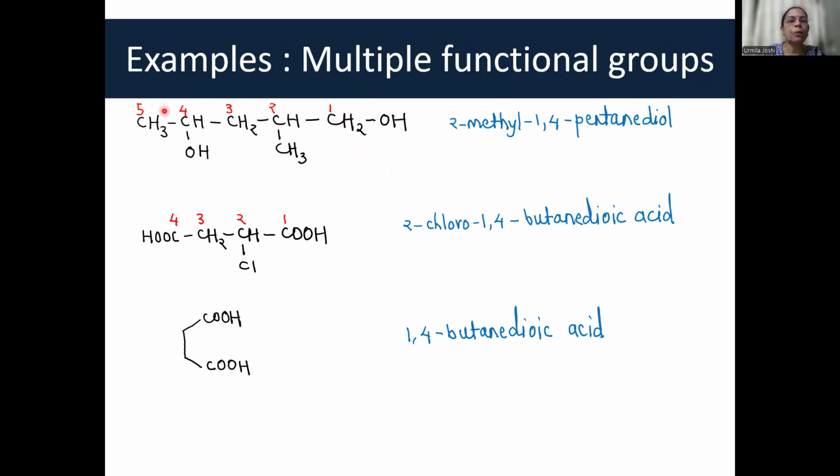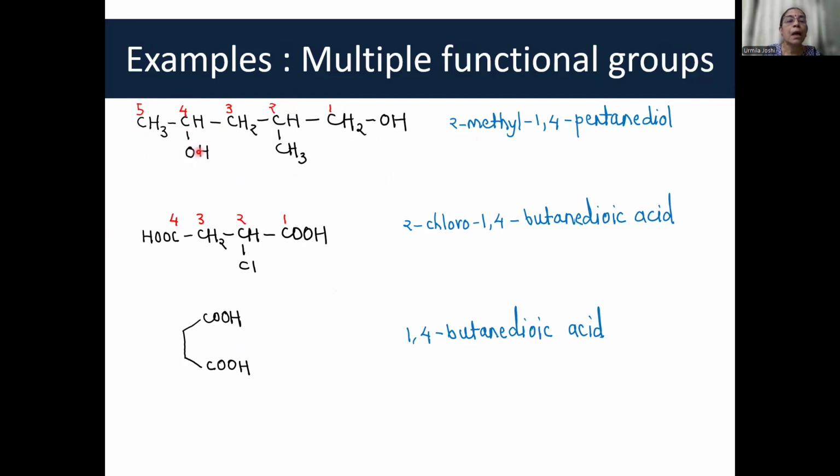If you start from the right hand end, then this carbon gets number 1. So one of the hydroxy bearing carbons gets number 1, 1, 2, 3, 4, 5. And at 4 position, there is another hydroxy. If you go reverse way, then one of the hydroxy gets number 2 and second one gets 5. That is not the lowest possible number.